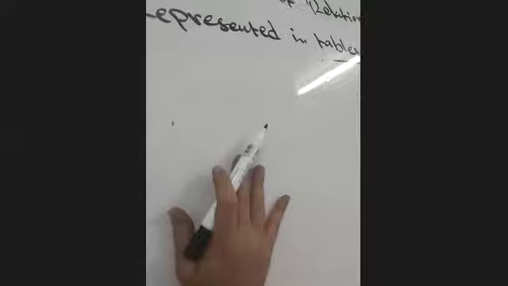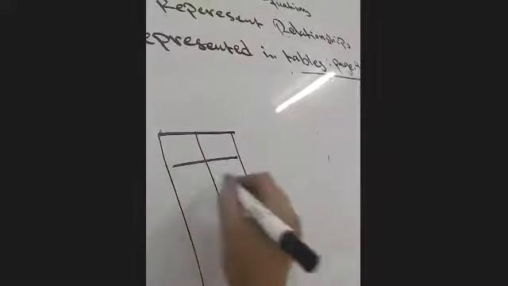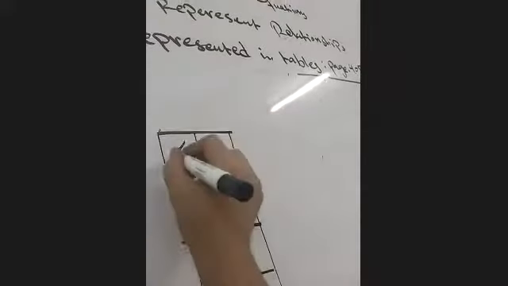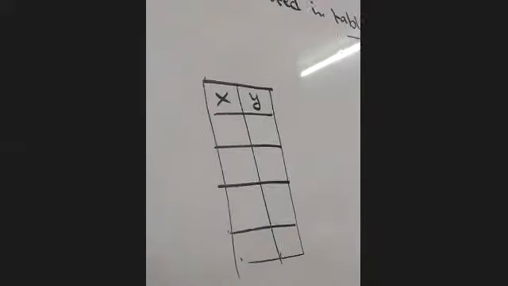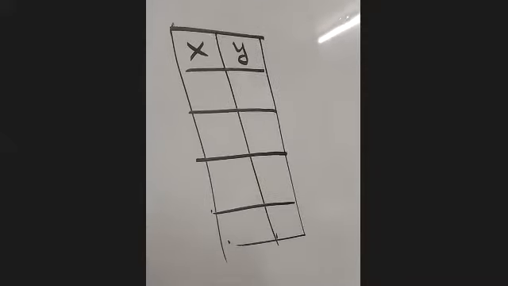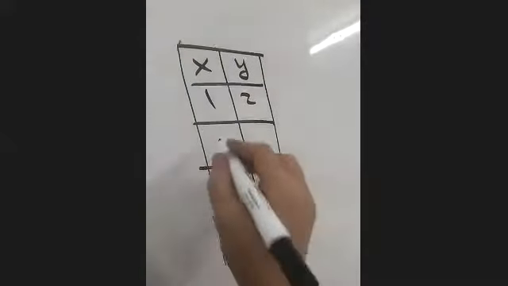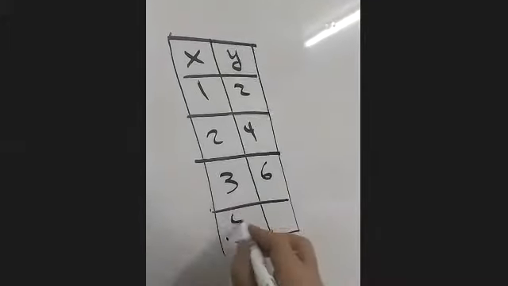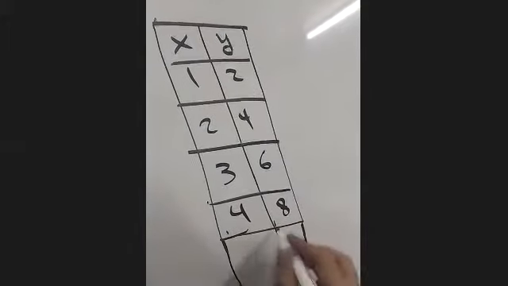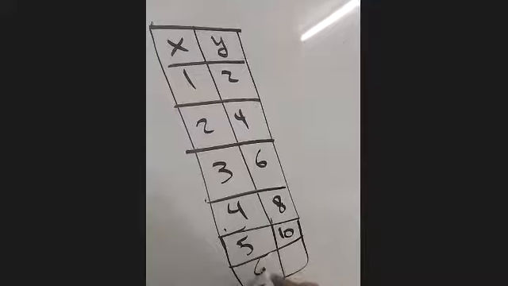Write equations to represent relationships represented in tables means if you have a table of values, like look here, guys, and focus to know the idea of this lesson. Look here at this table, an easy, small, cute table. We have x here and y here. For example, 1 is related with 2, 2 with 4, 3 with 6, 4 with 8, 5 with 10, 6 with 12.